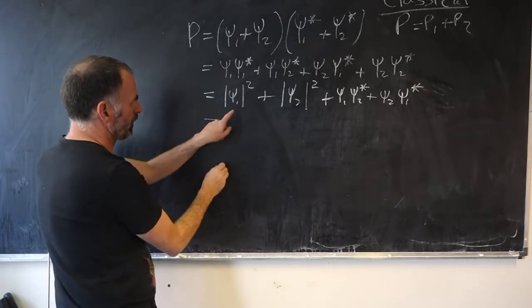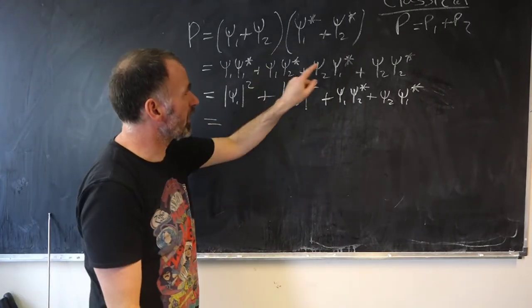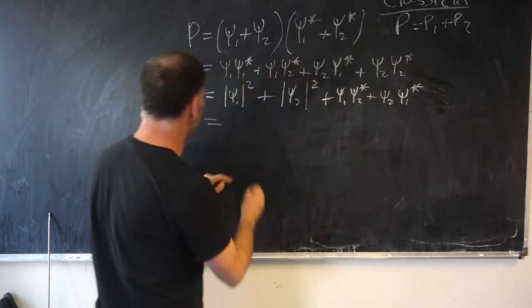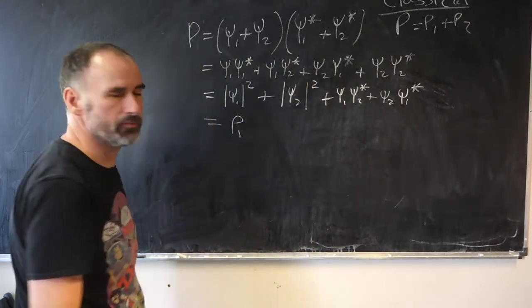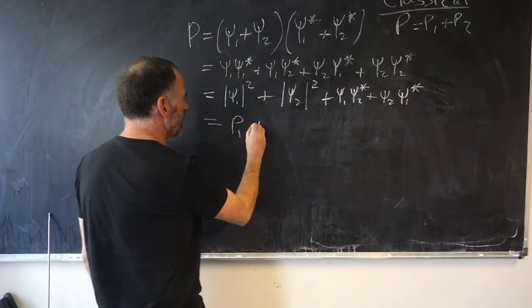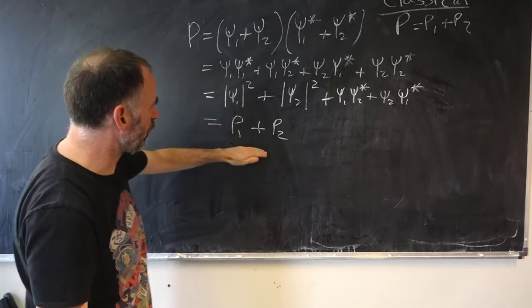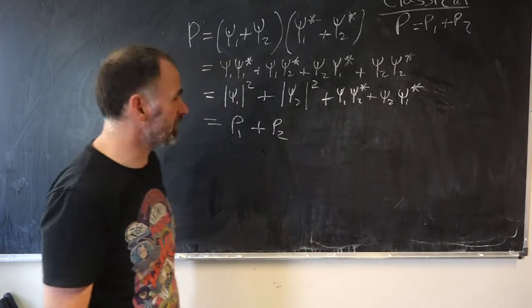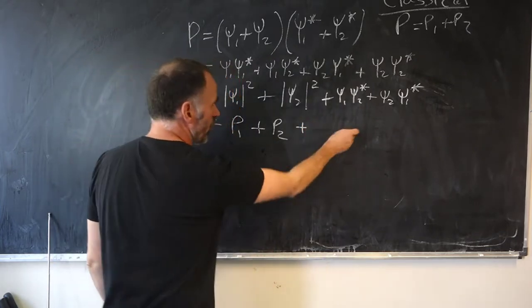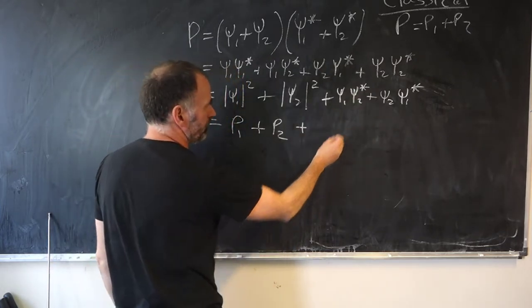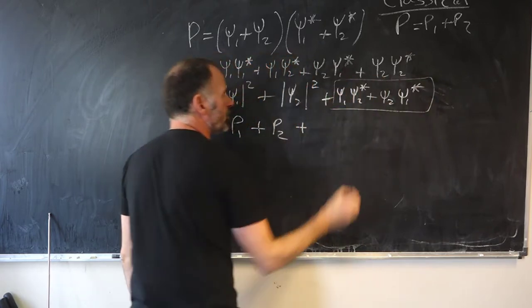Remember, classically we have P1 and P2. This is the probability for slit 1, and this is the probability for slit 2. So at this point, that's the same as the classical, but we can't stop there because we've got this. And that's where our quantum is.